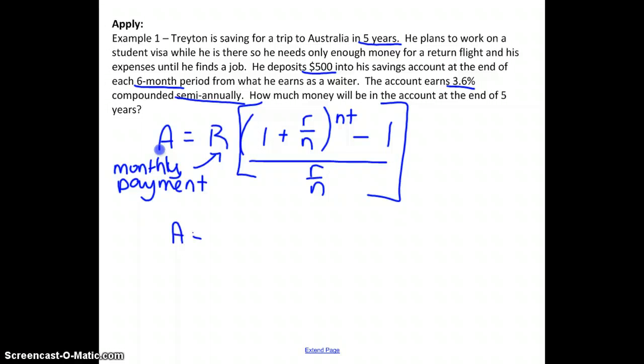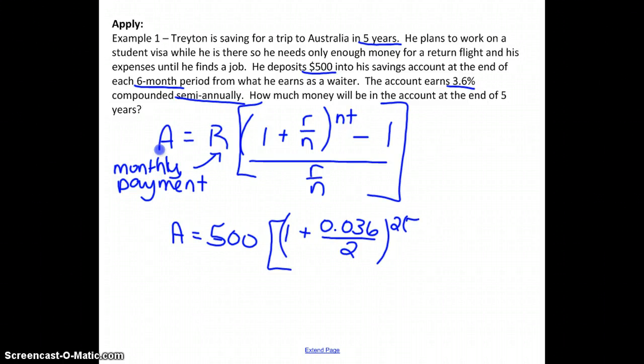So we'll plug in everything we know. He puts in $500 per period. We know that his rate is 3.6%, and it's compounded semi-annually, which is twice a year. And he's doing this for 5 years. Divided by the rate, which is 0.036 over 2.